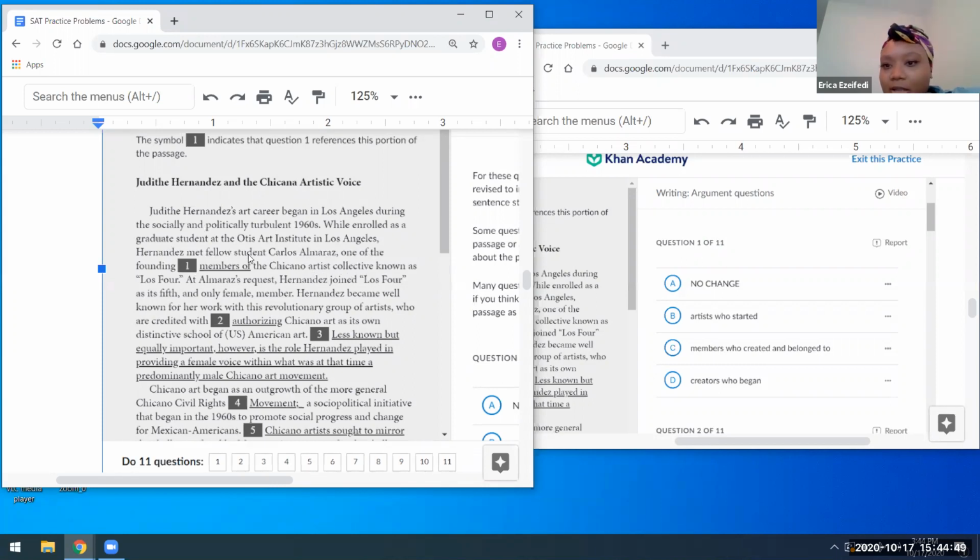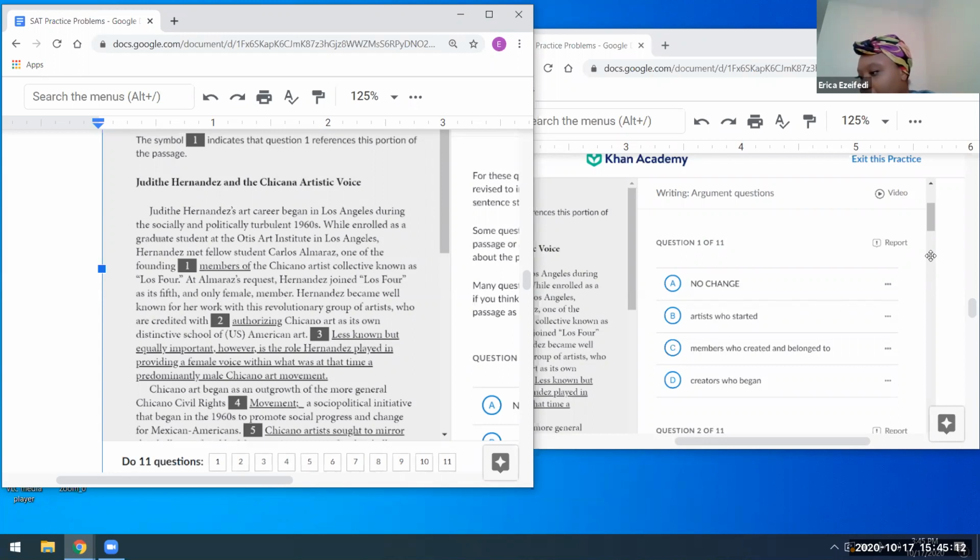So we hit number 1, so let's go see. "Members of" is what is underlined as number 1. So we're only going to be trying to determine if we should change "members of," nothing else. So what do you guys think about number 1?